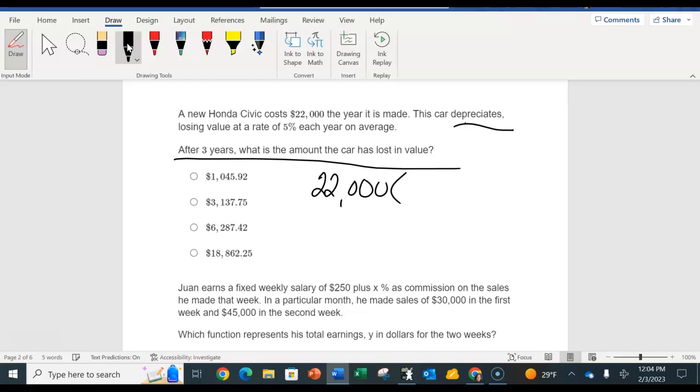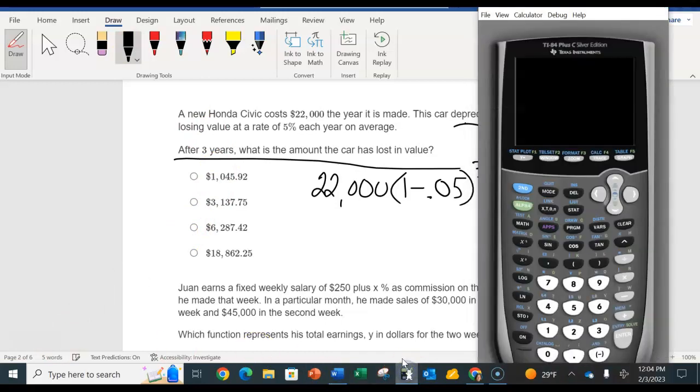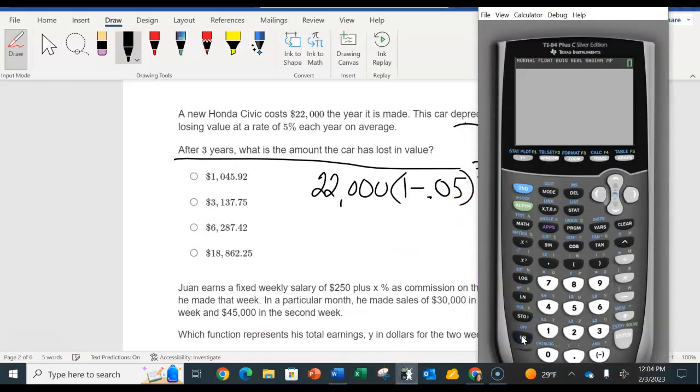22,000. Depreciate means it's going down, so it's going to be 1 minus, remember percent to decimal is 2 decimal places. And then it says after 3 years. Okay, so let's get our calculator and see what this says.